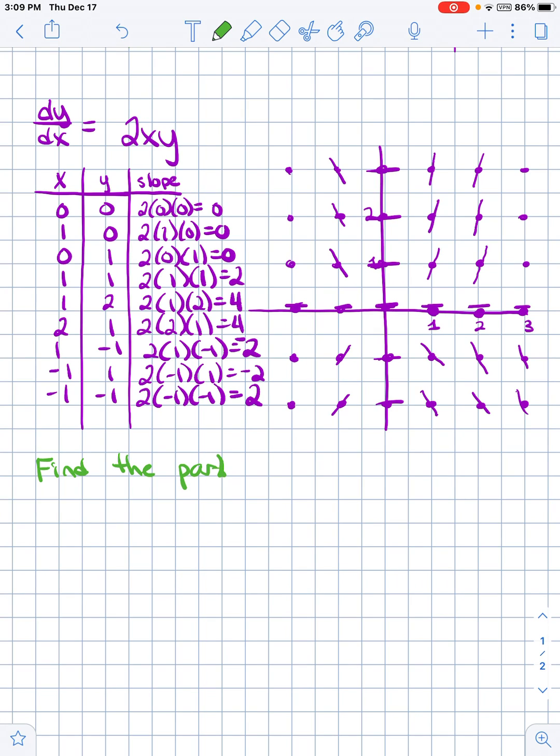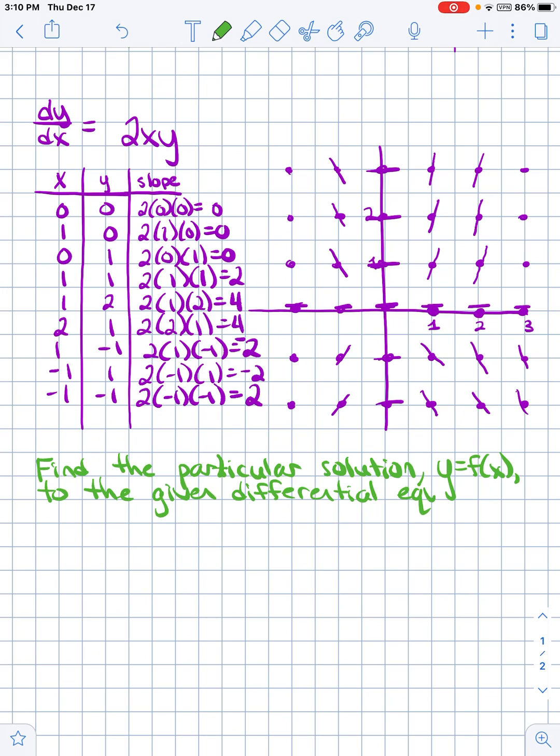Find the particular solution y equals f of x, in other words, get y by itself, to the given differential equation with the initial condition f of 0 equals 2.